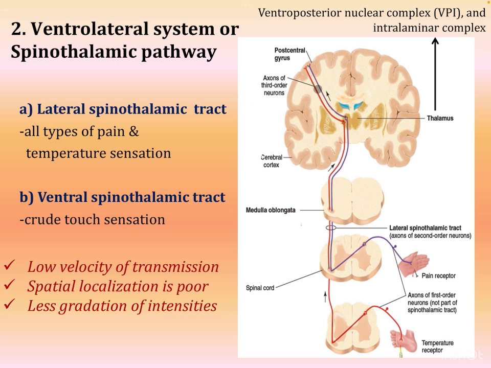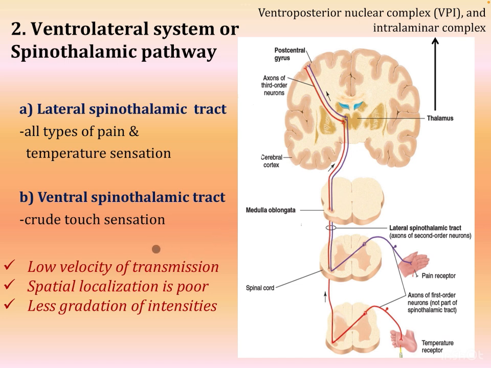Conversely, the pathway from the brainstem to the intralaminar nucleus and then to the frontal lobe and then to the limbic system plus insular cortex, these are mainly mediating motivational affective components of the pain.